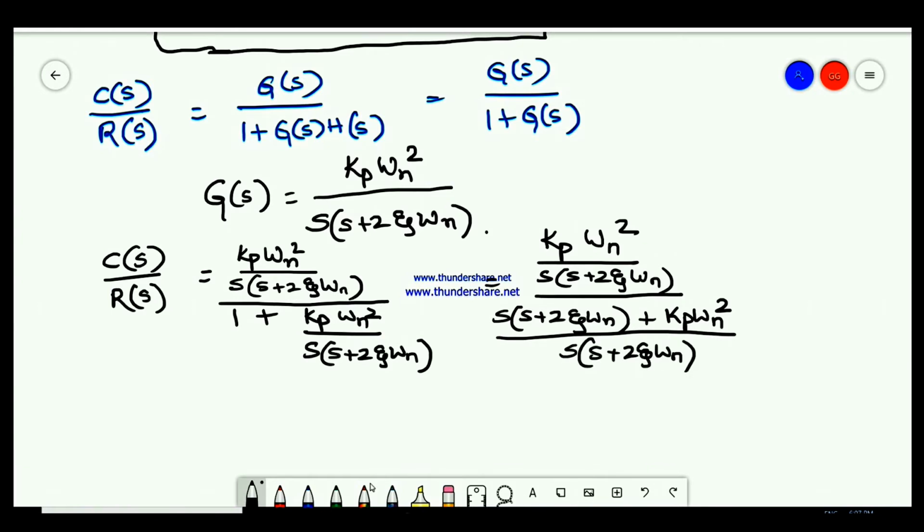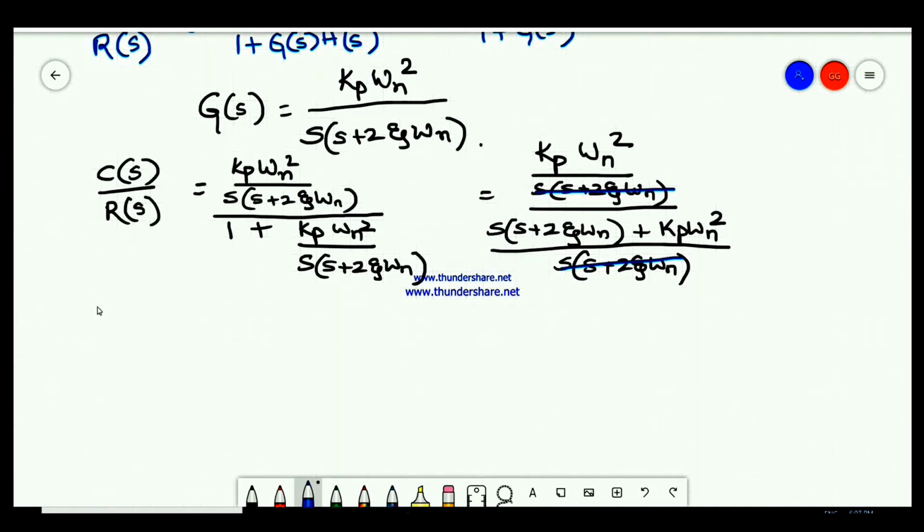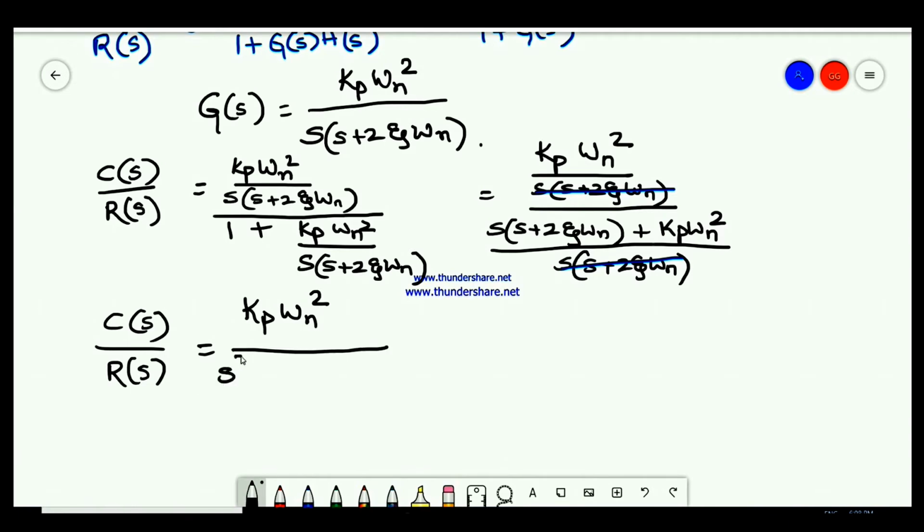Now you see both the denominators get cancelled. So therefore the total transfer function for a proportional controller is C of S by R of S equals Kp omega n square divided by S square plus 2 zeta omega n S plus Kp omega n square.